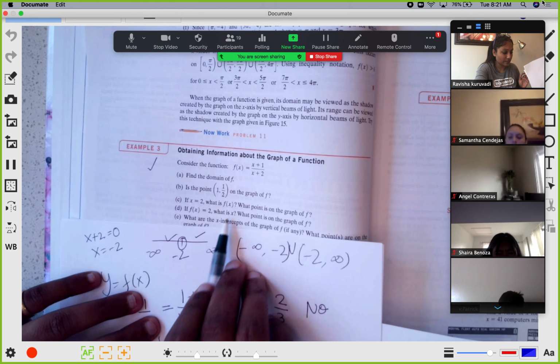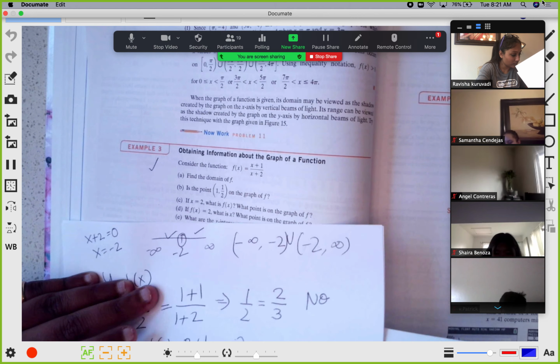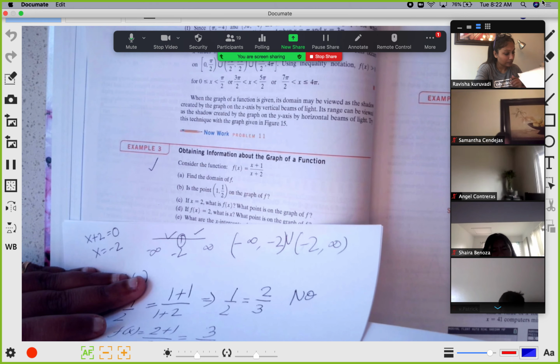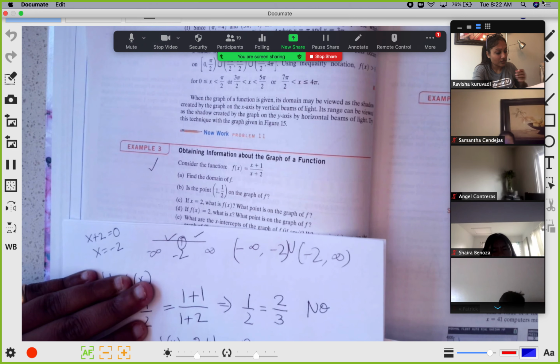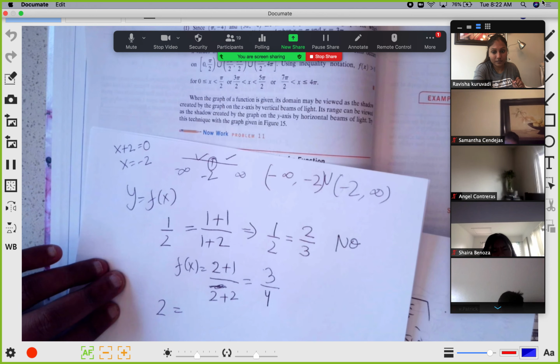So how do you do it? You are saying fx is equal to 2. So you get 2 is equal to the function.